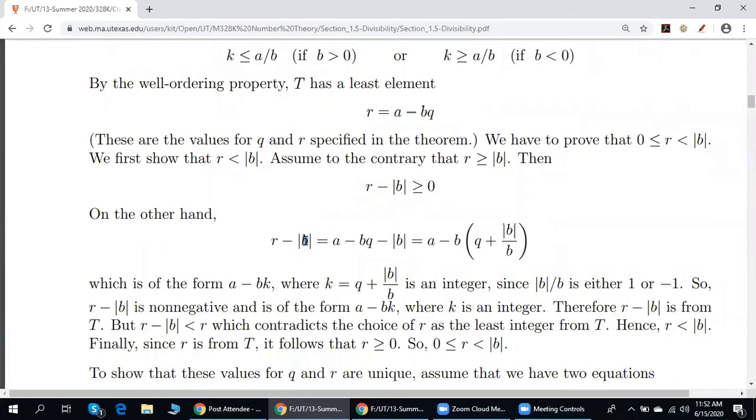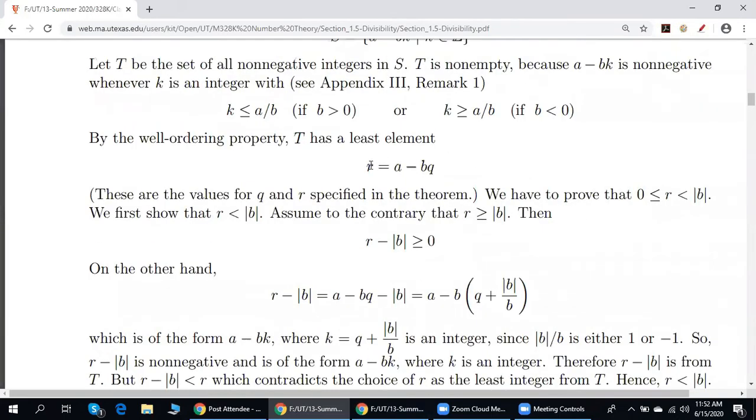Since B is not equal to 0, absolute value of B is strictly greater than 0. Therefore, R minus absolute value of B is strictly lesser than R. Cannot be.